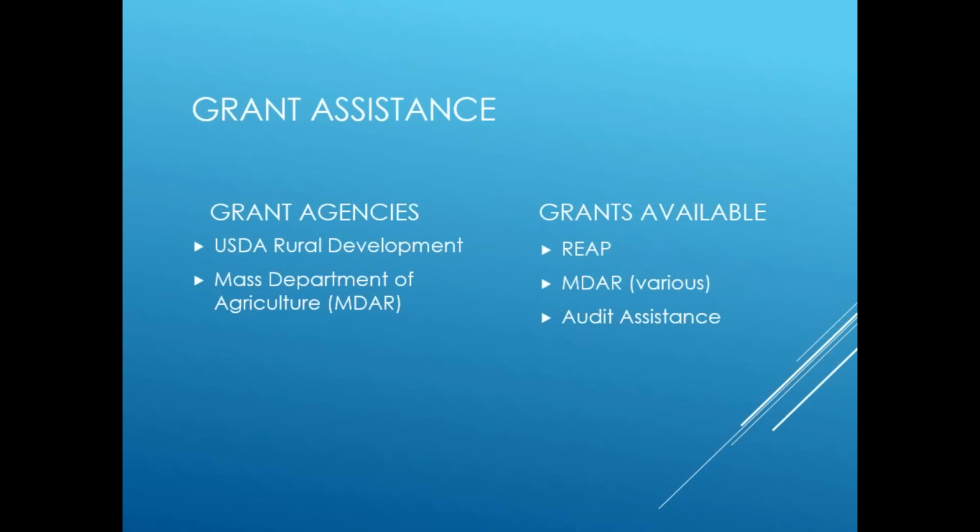So we tend to help people with the USDA Rural Development grants and then the MDAR, Mass Farm Agricultural grants. And the common ones are, like I said, REAP and the MDAR. There's special projects in ag energy. We tend to focus on ag energy grants, and we also help provide audit assistance, which is often a precursor to qualifying for many of those grants.